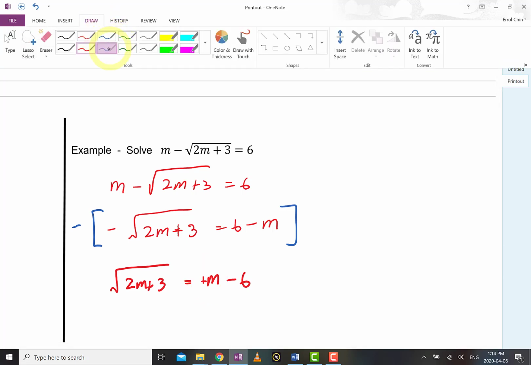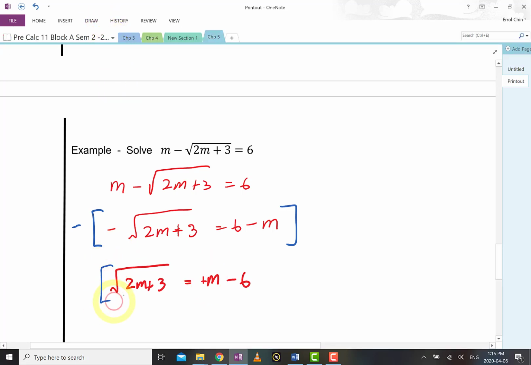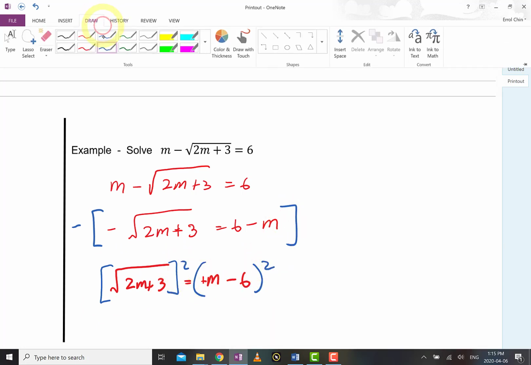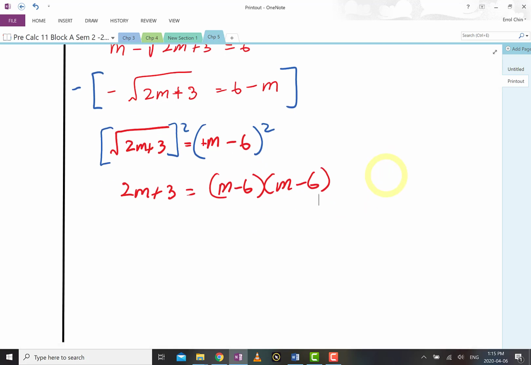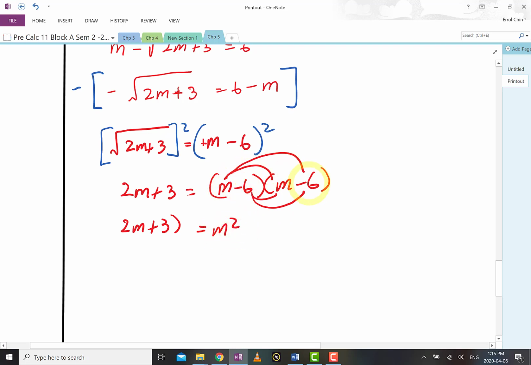All right, so we know my index is 2, so I can square this. And what are we left with? We're left with 2m plus 3 is equal to m minus 6 times m minus 6. Well, that's just distribution. So 2m plus 3, and I'm going to draw the arrows to describe what's happening. So m times m is equal to m squared. M times negative 6 is negative 6m.